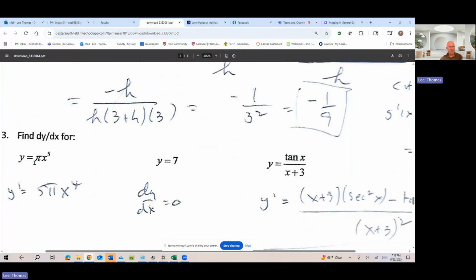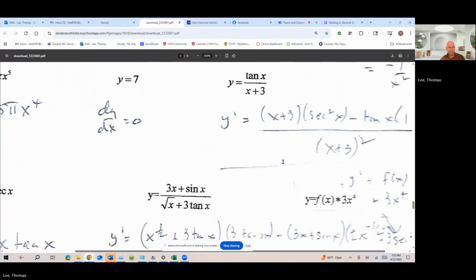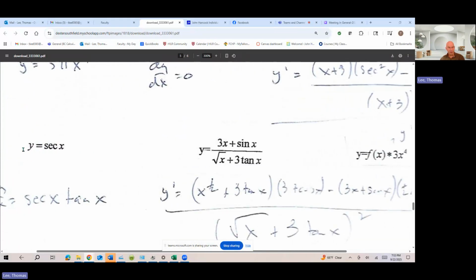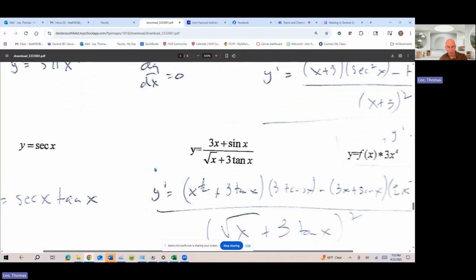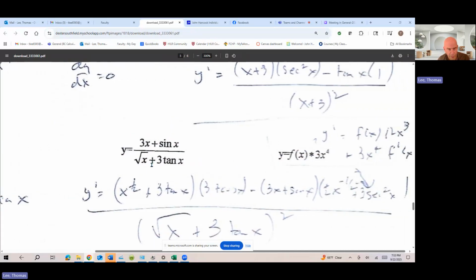Some more practice. Don't be bothered by the pi, just bring it out. The derivative of this is 5 pi x to the 4th. Derivative of any constant is 0. Simple quotient rule here. This is pretty straightforward since you know your trig derivatives. This is a nasty one, it's hard to see on here, but doing the quotient rule here, this is why I say you will not be asked to simplify.